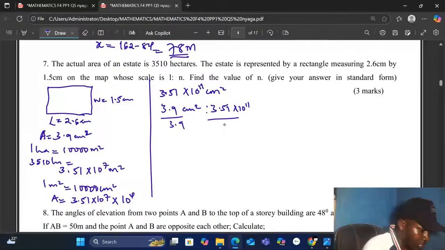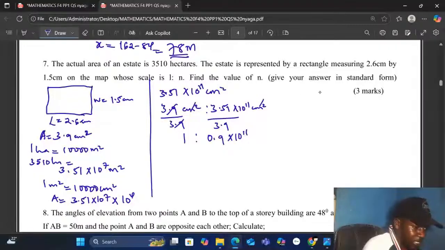Remember this is square centimeter, so square goes, so that we have 1, 1, 2. Now the answer that we're going to get is times 3.9. So we shall have 0.9 power 11. Give your answer in standard form.